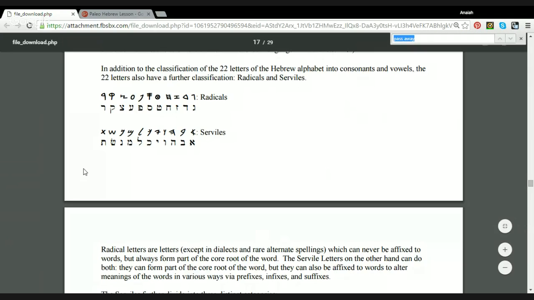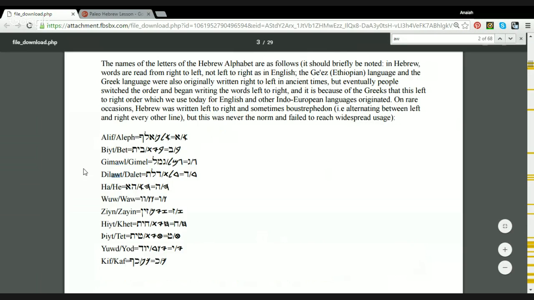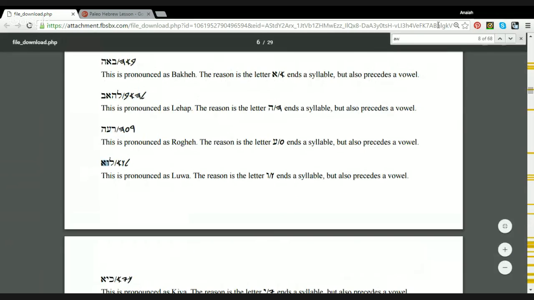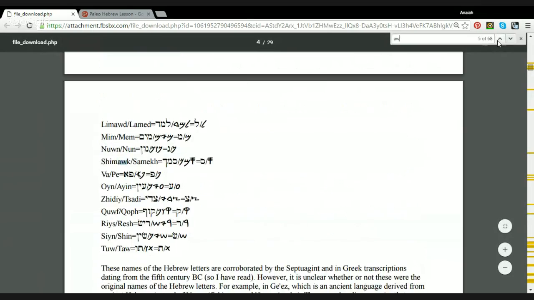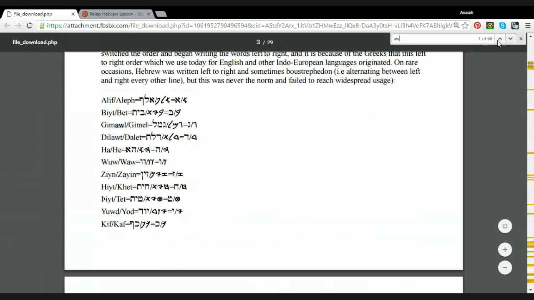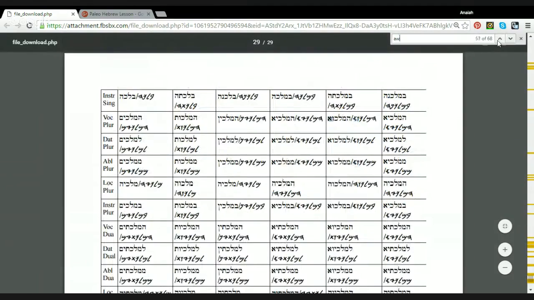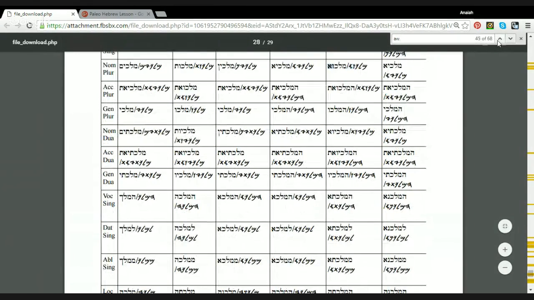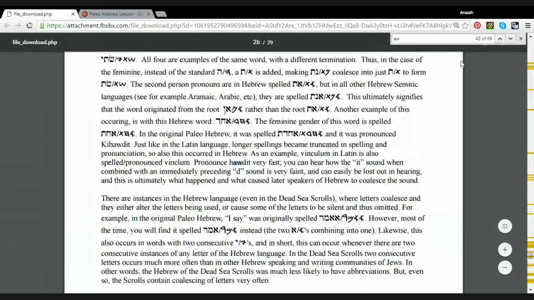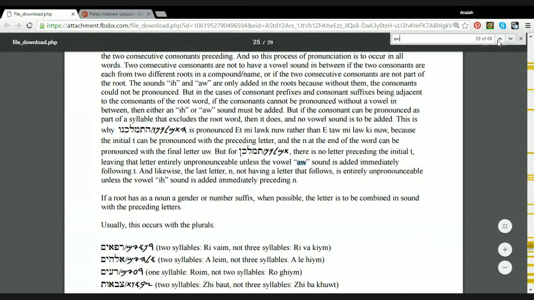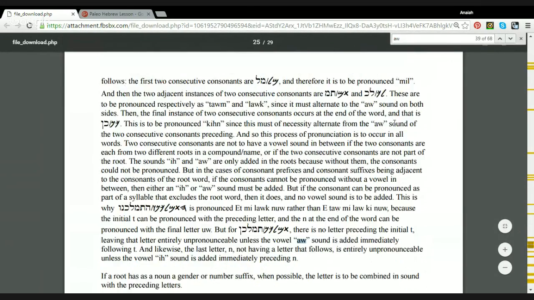Oh wait, there was one other thing. Wait, hold on. Where is it? I must not have covered that except near the end. There was one other thing I should have covered, and that's what to pronounce in between consonants. Let's see here. Oh, there were a couple other things to say.